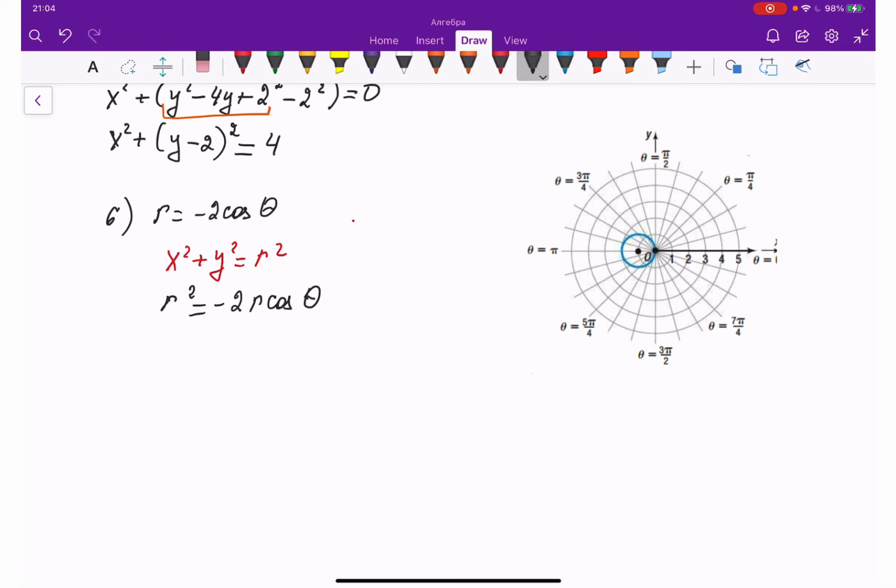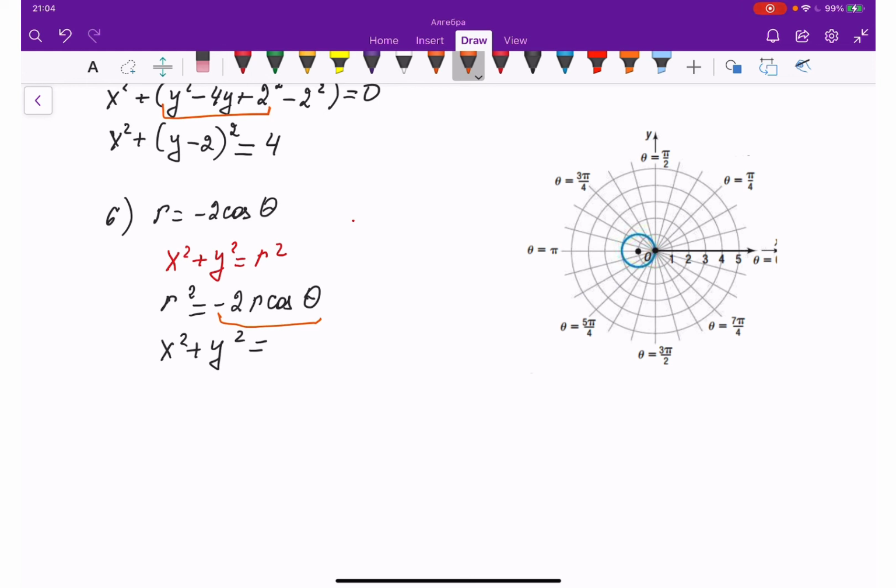And from here we have x squared plus y squared equal to r squared, right? Where r squared is equal to minus 2r cosine theta.